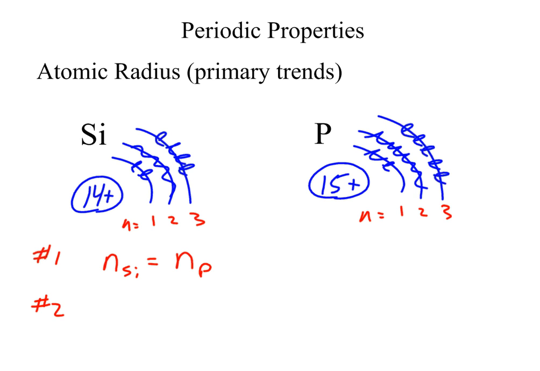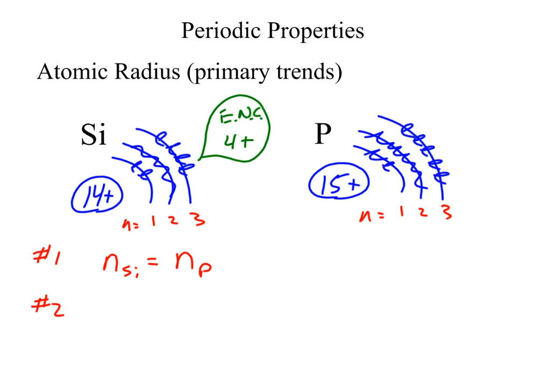All right, what about number 2? Well, let's take a look at the electrons on the silicon. We just did the silicon on the last problem, so we know that the effective nuclear charge that electron feels is a 4 plus, a net 4 plus pulling it in.